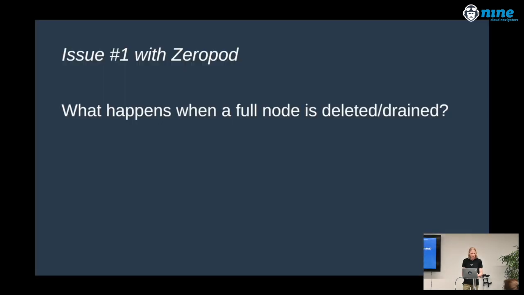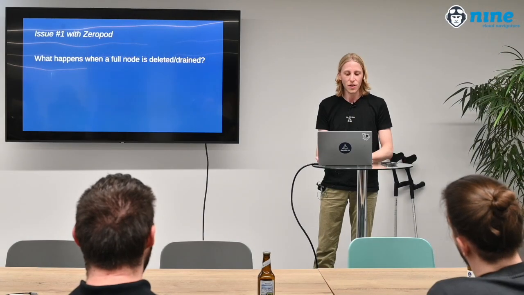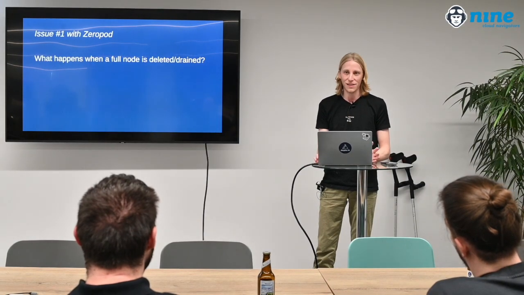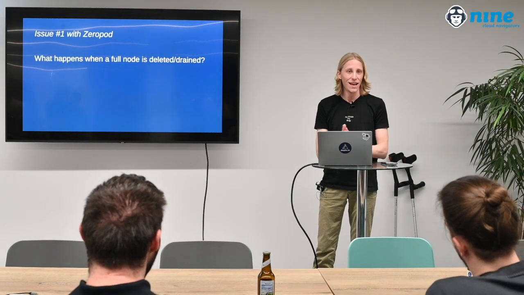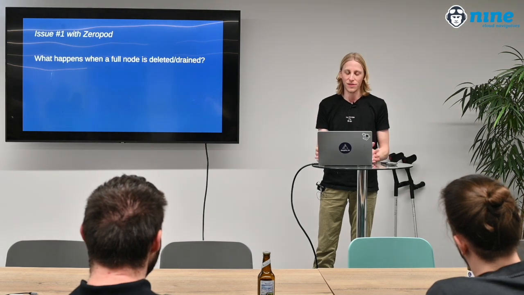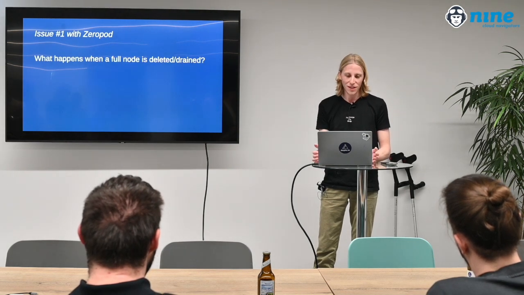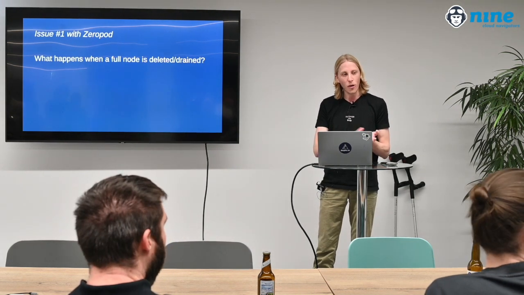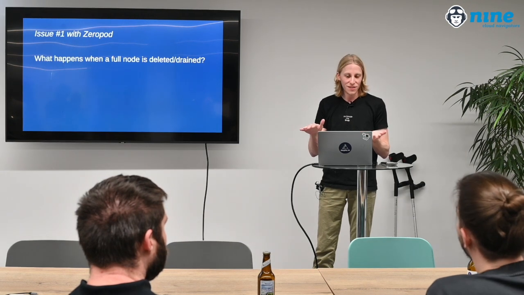But there was one big topic that came up, I think it was also asked at that presentation. What happens if your full node dies that had such ZeroPods on it? Now you have the problem that you're over-provisioned quite a bit.